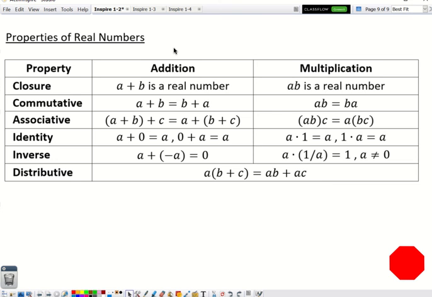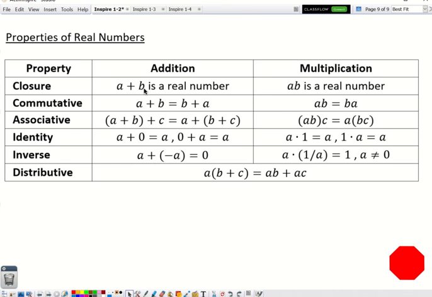Let me say that again, because that's the proper way to say it. The real numbers are closed under addition because if you add two real numbers together, you get another real number. That's what it means to be closed under addition. And the real numbers are also closed under multiplication, because if you multiply two real numbers together, you get another real number.